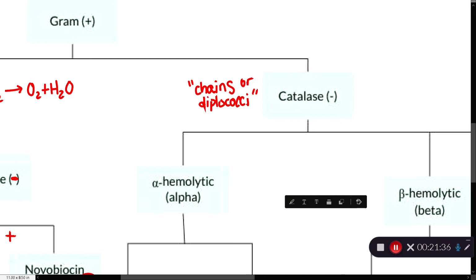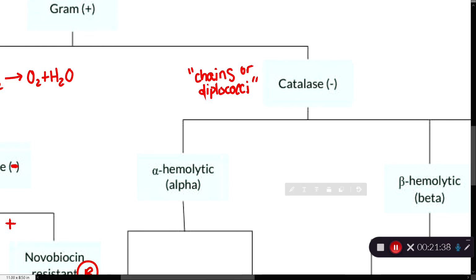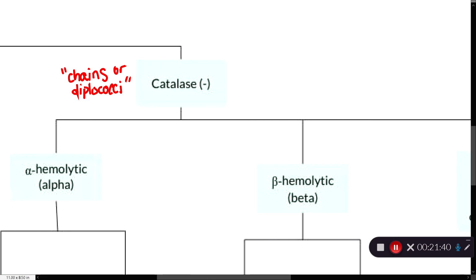Now, we get to the catalase negative. So if they tell you that it's a catalase negative gram-positive, so again, we're still at the gram-positive cocci, right? That means they're going to be purple. Little purple circles that are either going to be in chains or in pairs, right?